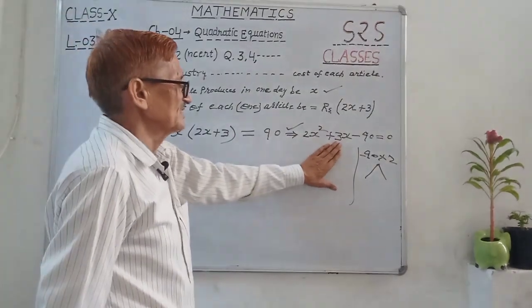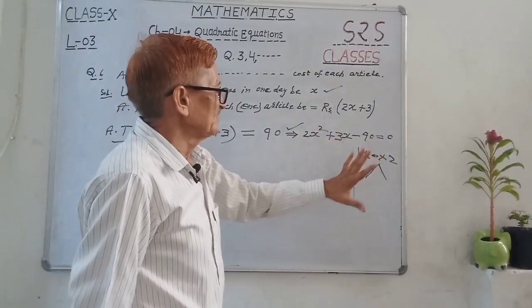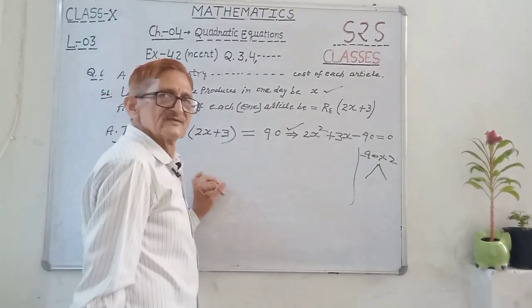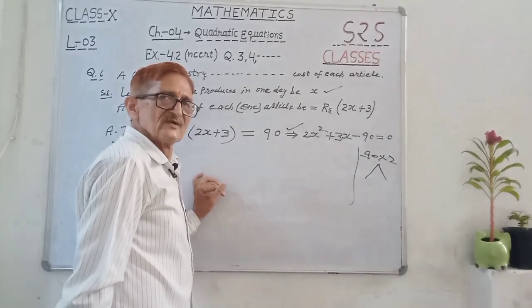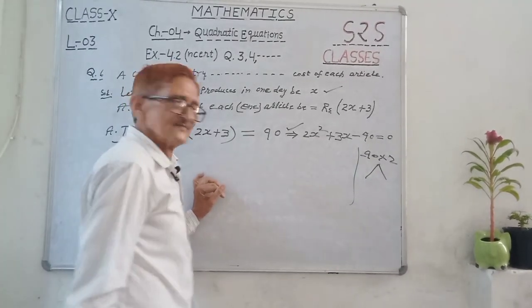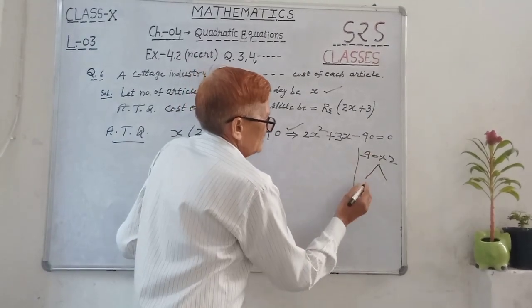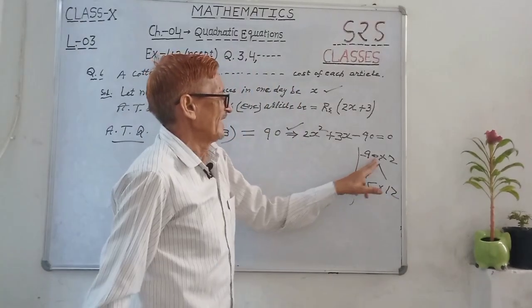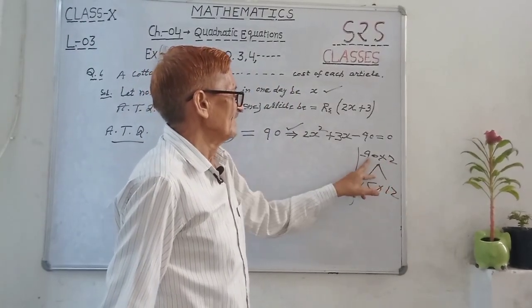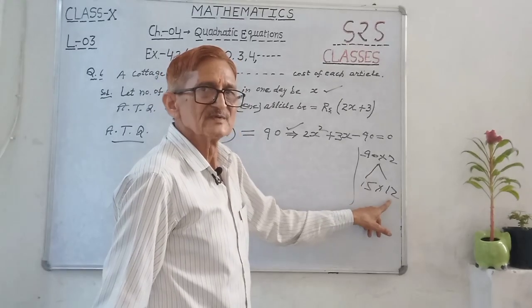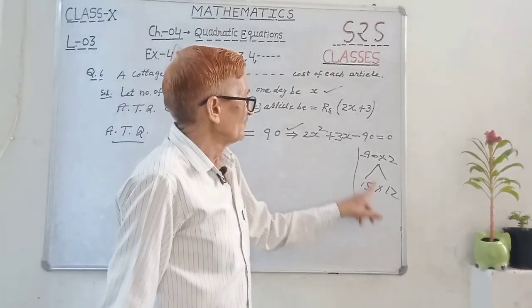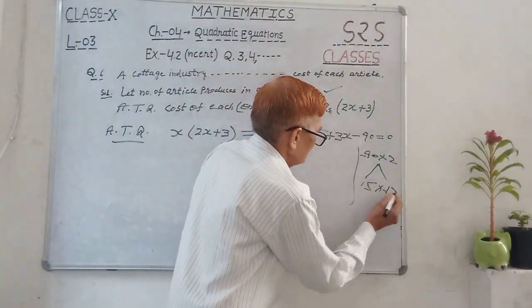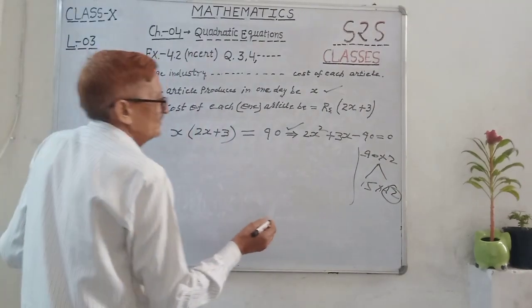Sum must be 3, and the product is negative, so one negative, one positive, and the positive must be more. So positive 15 and negative 12.